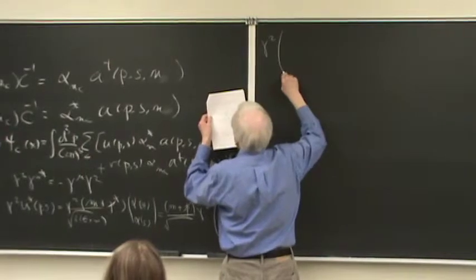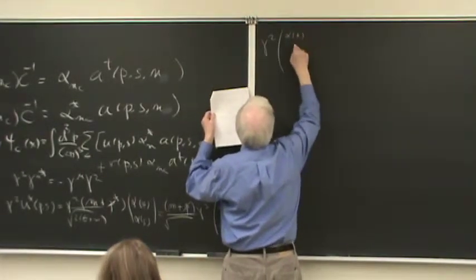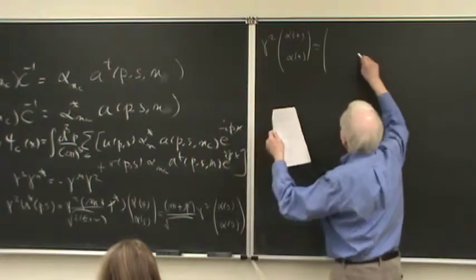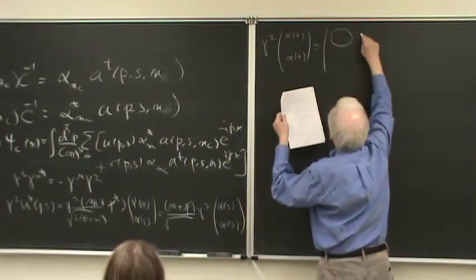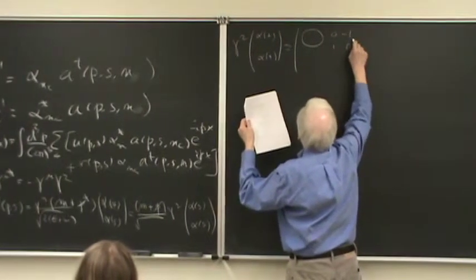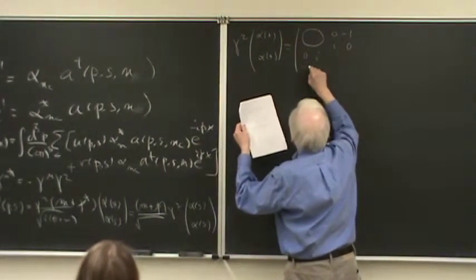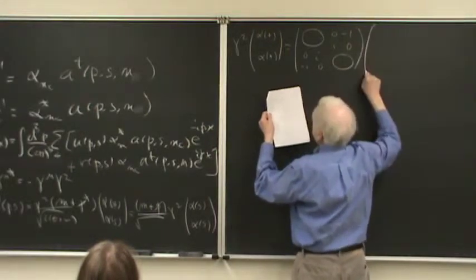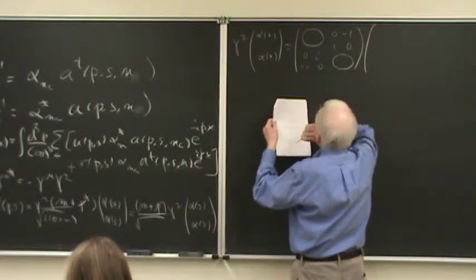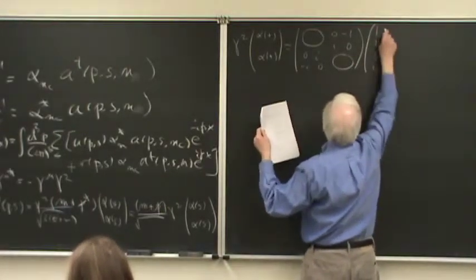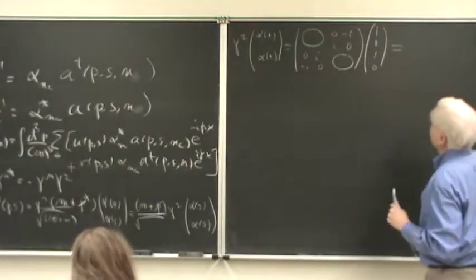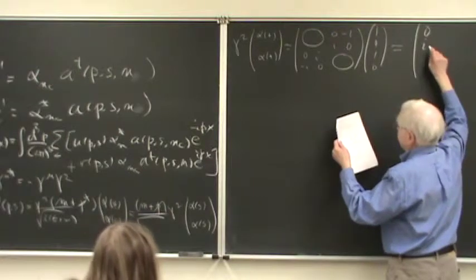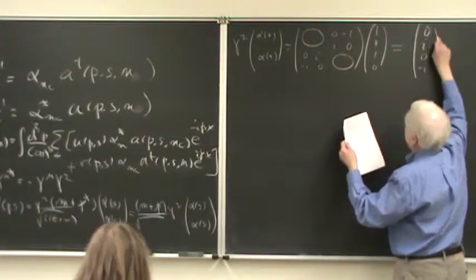Gamma 2 acting on alpha plus: gamma 2 is zeros, 0 minus i, 0 i, minus i 0, zeros, and up here we have 1, 0, 1, 0. If we multiply that out, we get 0, i, 0, minus i.